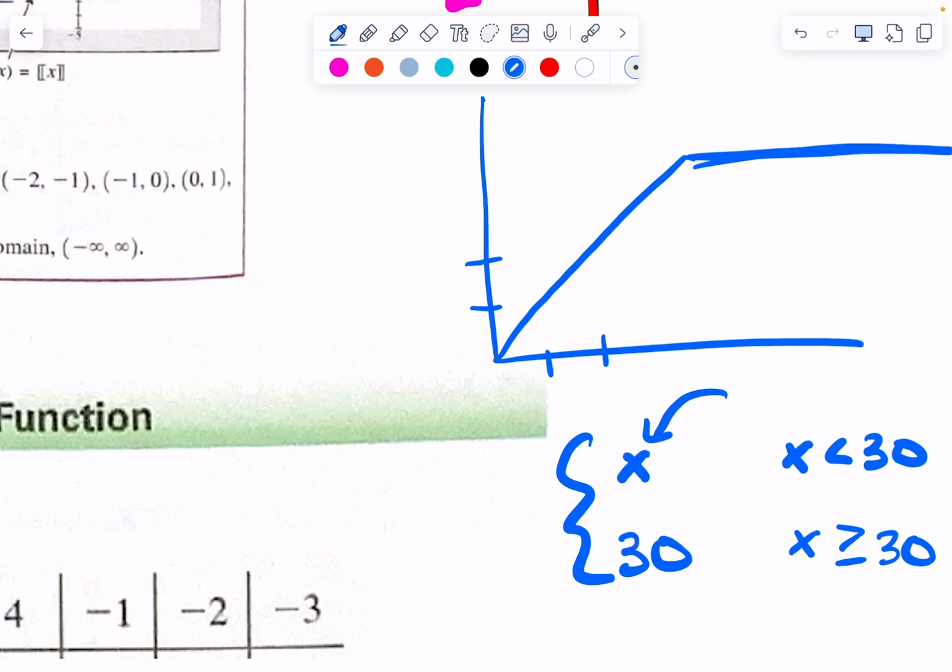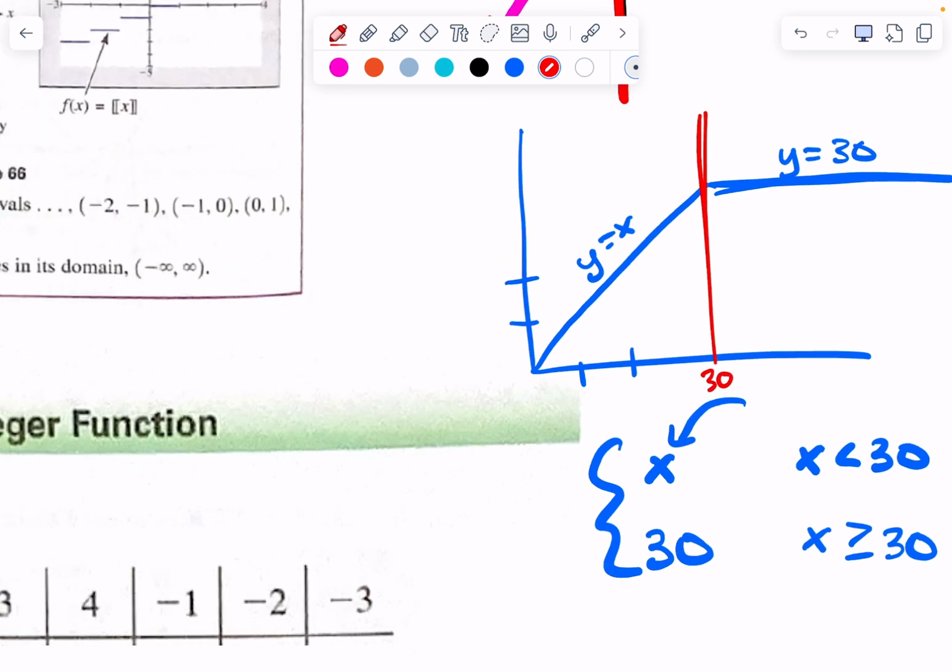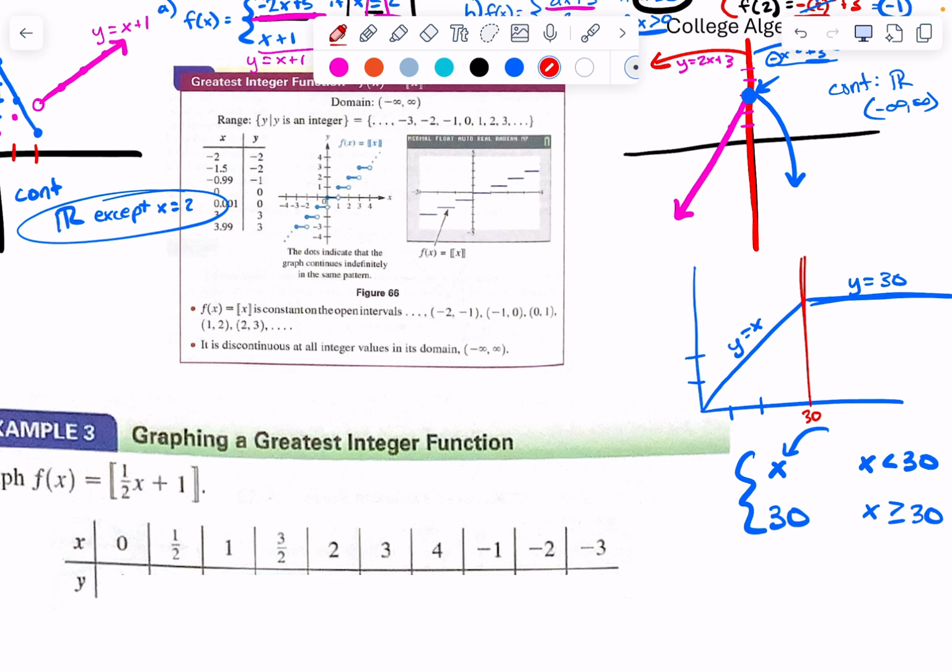That's why this line's a flat line, because this is like y equals 30 right here, and this is y equals x right here. And the line right here where it switches would be at 30. Okay, that's not drawn to scale, but whatever. Does that make sense? So that's an example of how this works.